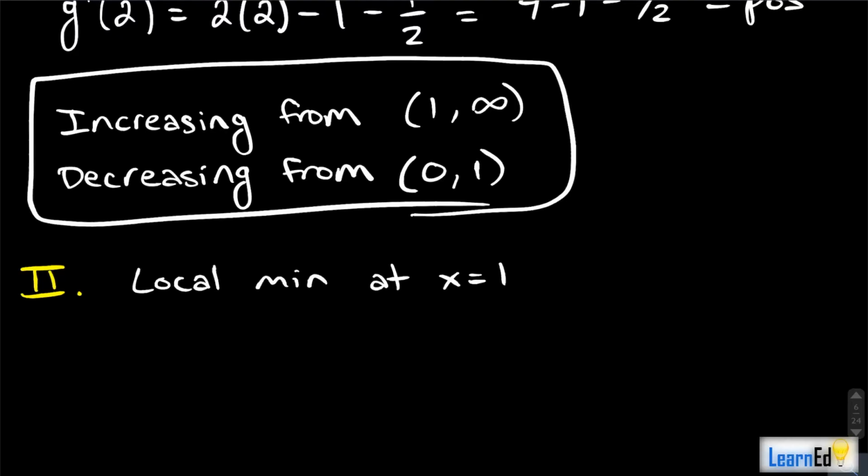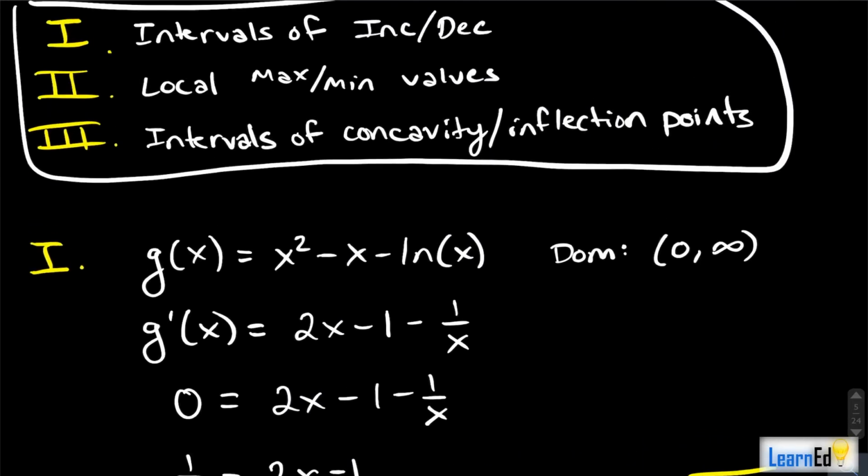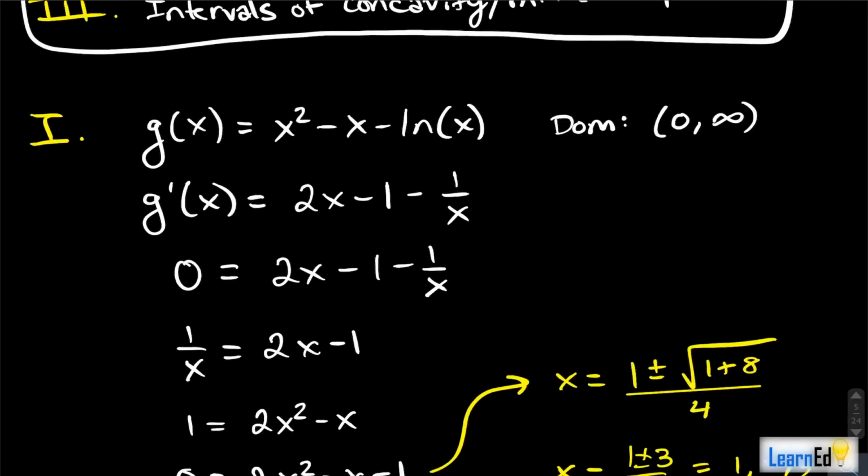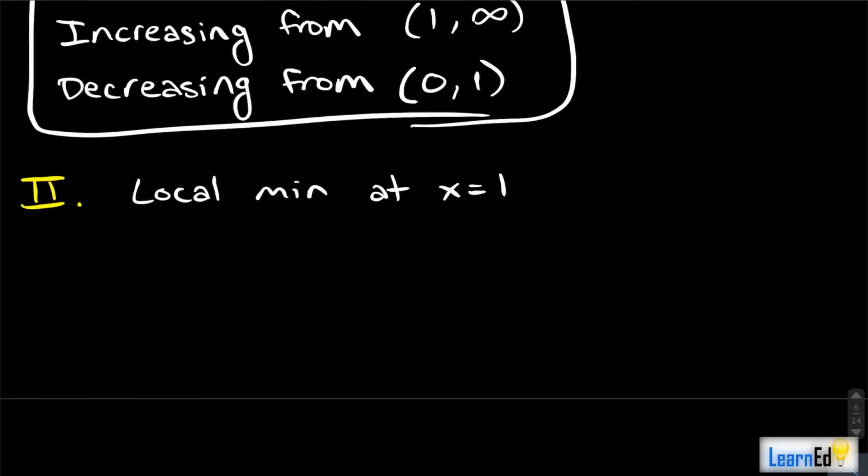We don't know what the actual value of that is, and that's what the problem is asking for, the values of the local maxes and mins. If it's asking for the values, it wants the y points. So all we have to do now is plug in 1 to our function.